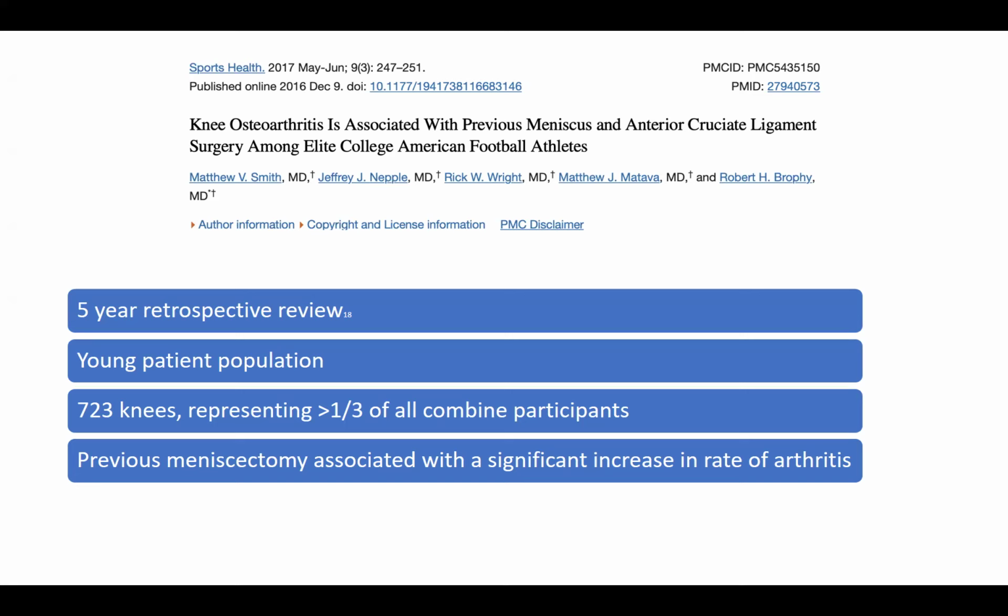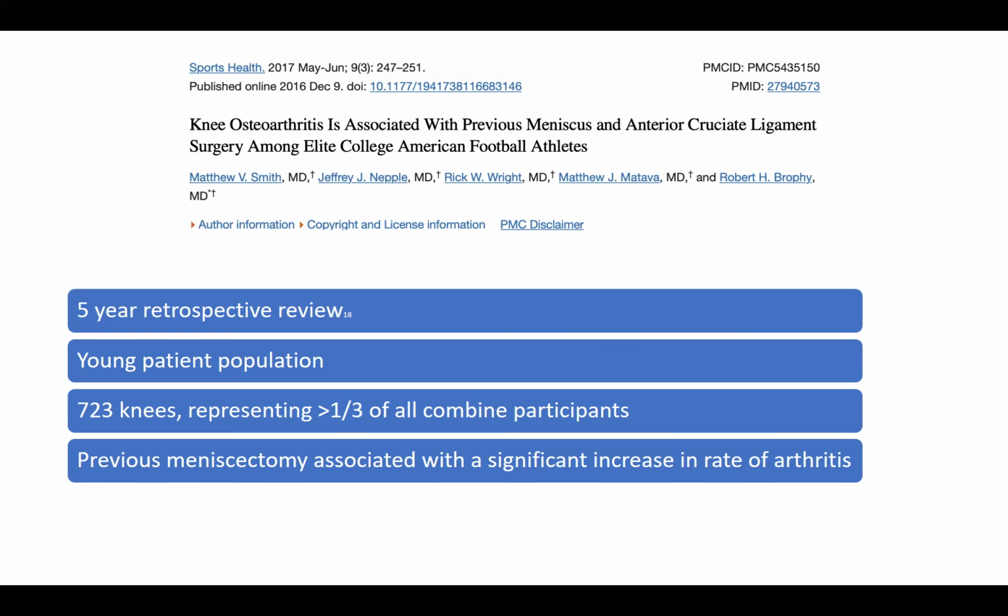So this was an interesting paper published by Smith. They retrospectively reviewed a series of greater than 500 elite athletes that participated in the NFL Combine over a 5-year period. This was back in, I believe, their final year of inclusion was 2010 or 2011.